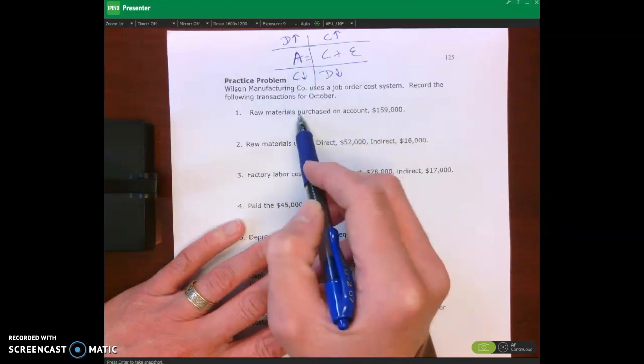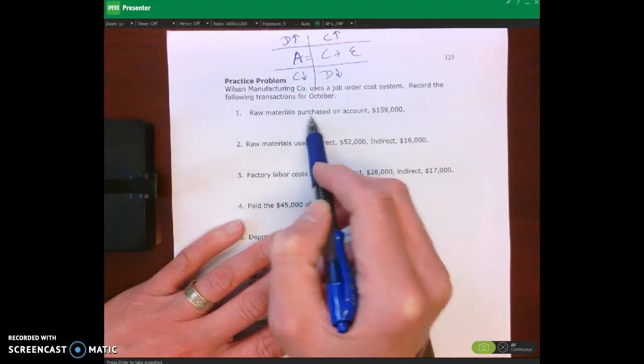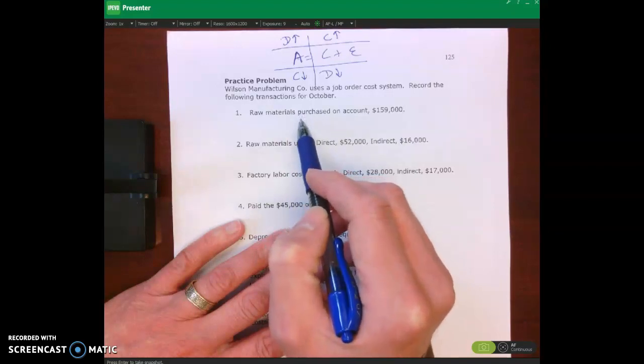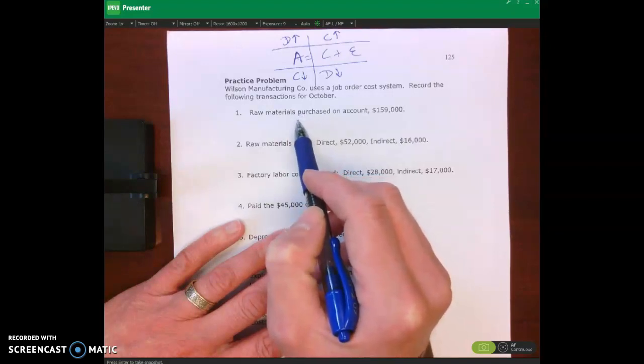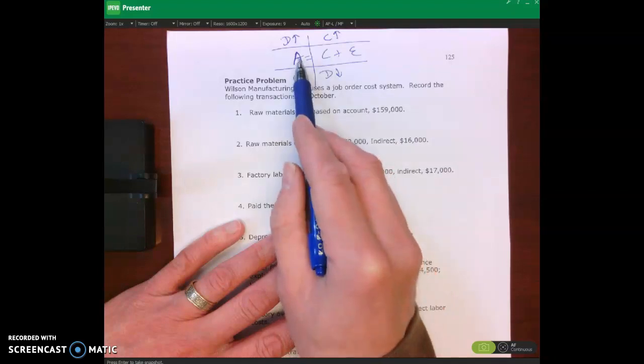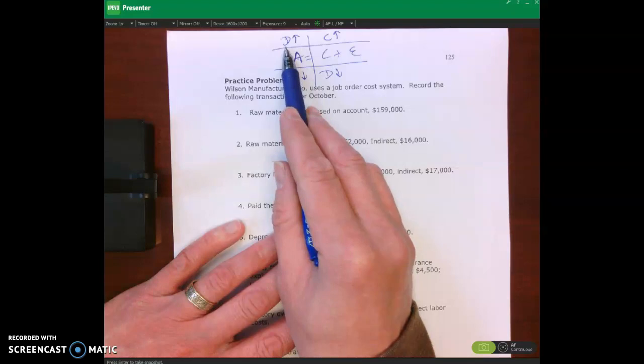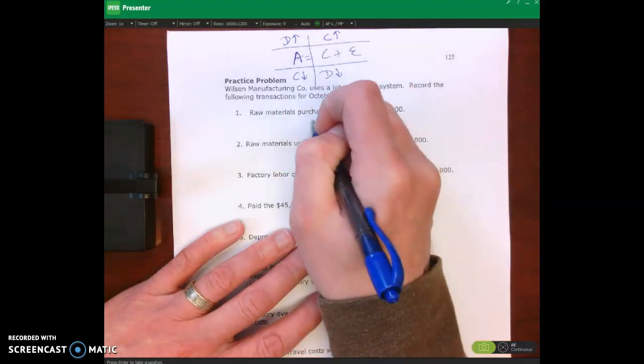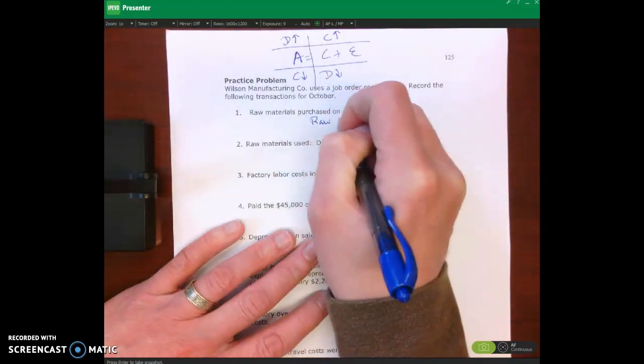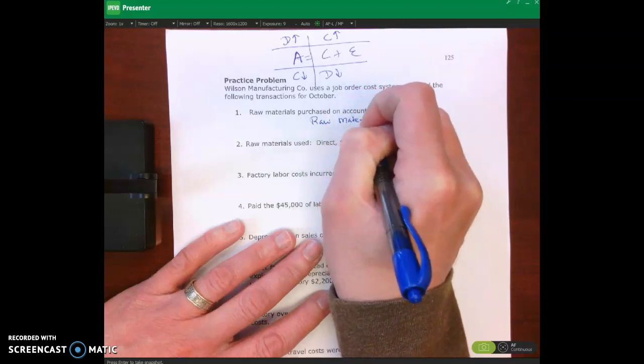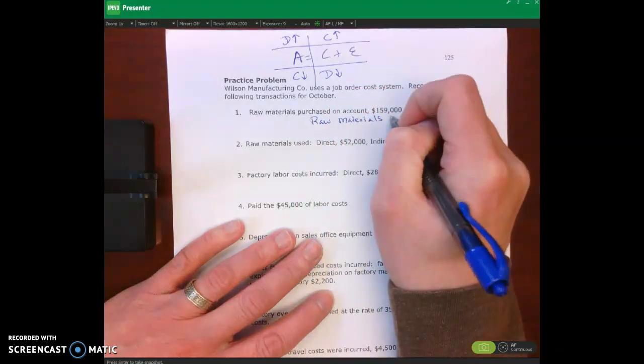Are raw materials going up or down? They're going up because I purchased them, so now I have more, so the dollar value of my raw materials is going up. Therefore, my assets are going up. How do I increase an asset? With the debit. So I will debit raw materials for $159.